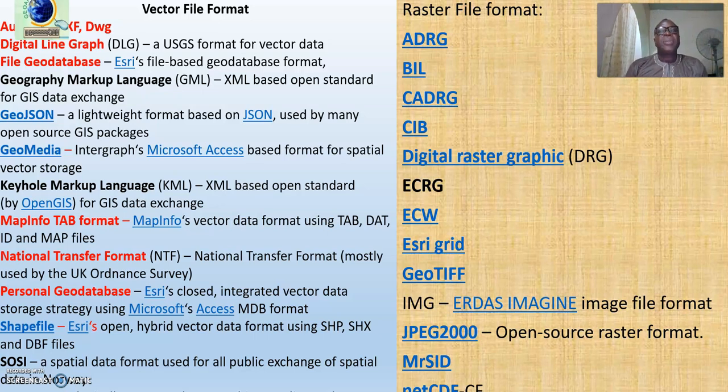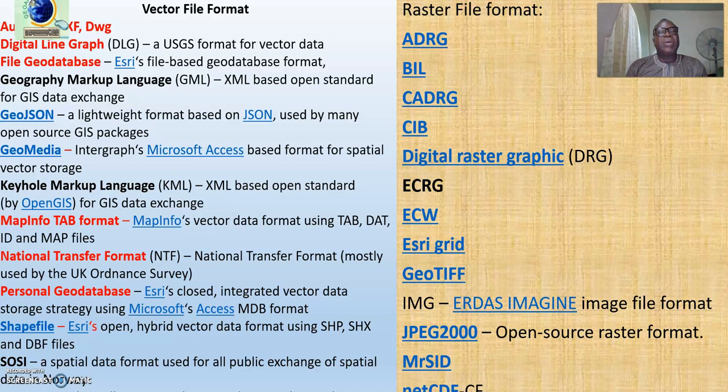So we have different data formats when you are in a vector environment or when you are in a raster environment. If you are in a vector environment, you can save as DWG, that is what AutoCAD uses to save data. You can have DLG, that is the database of the United States Geological Survey.